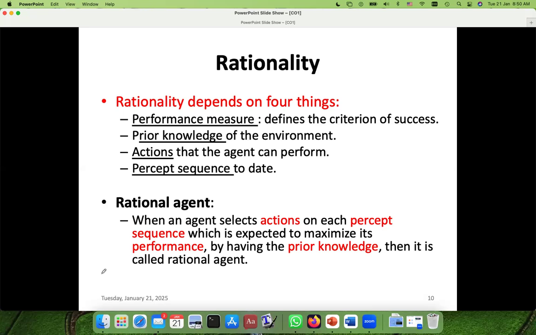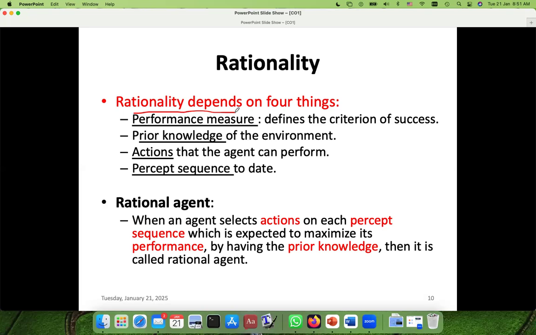And then rationality depends on 4 things. If you want to achieve it, you have to address 4 things in the design of an agent. What are those? You have to address the performance measure.